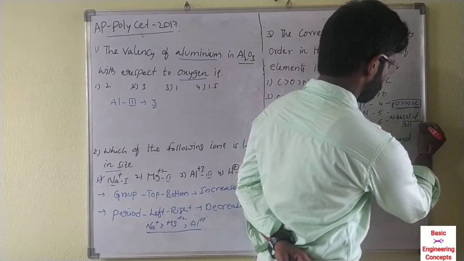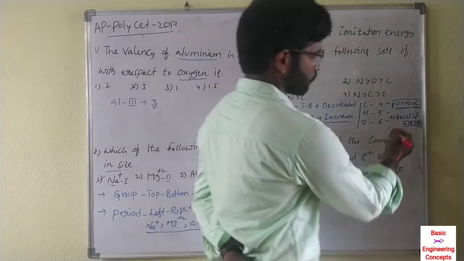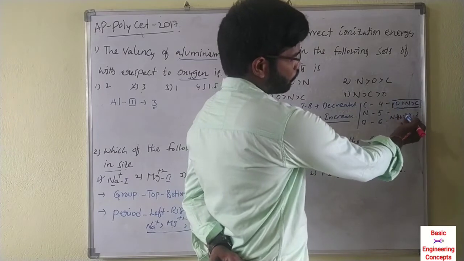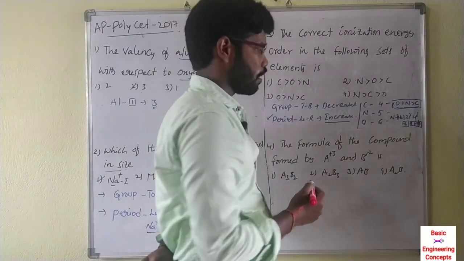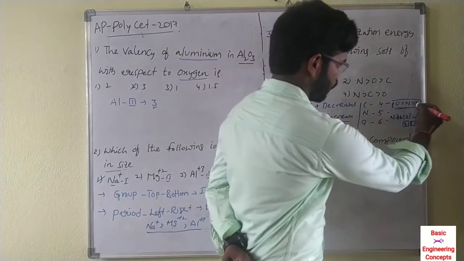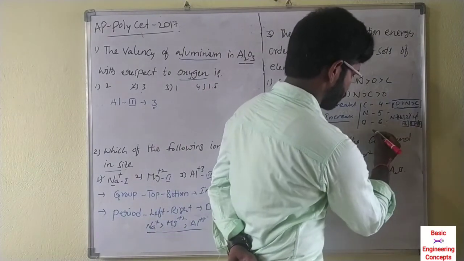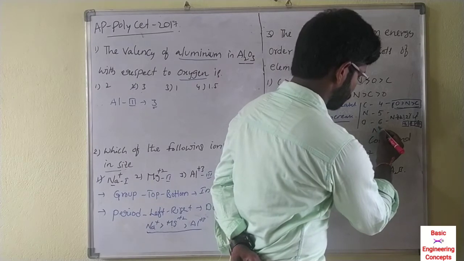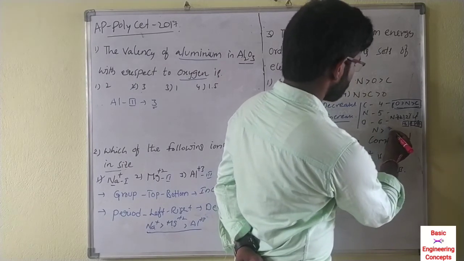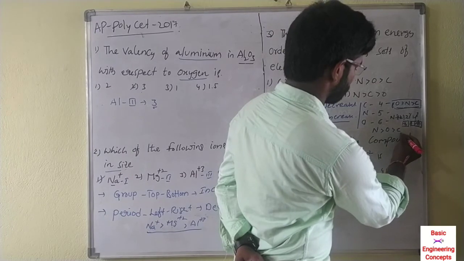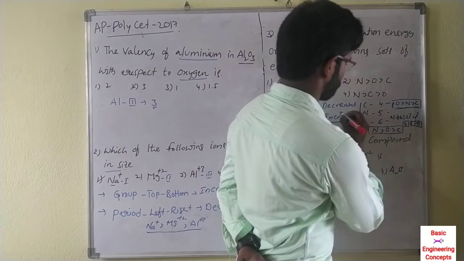In this, 2 electrons, in this, 3 electrons. So this is half-filled. That's why half-filled orbitals mean ionization energy values are higher than other elements. That's why nitrogen greater than oxygen greater than carbon is the correct answer for this question.